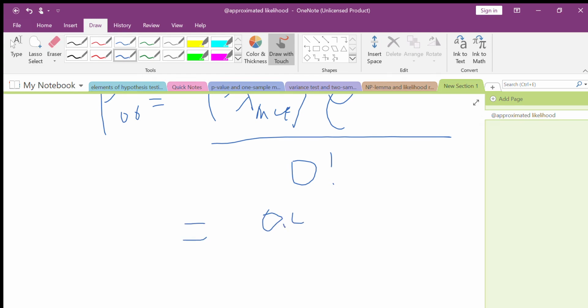We plug in the value. So Y bar 0.48 raised to the power 0, exponential raised to the power negative 0.48, divided by 0 factorial.